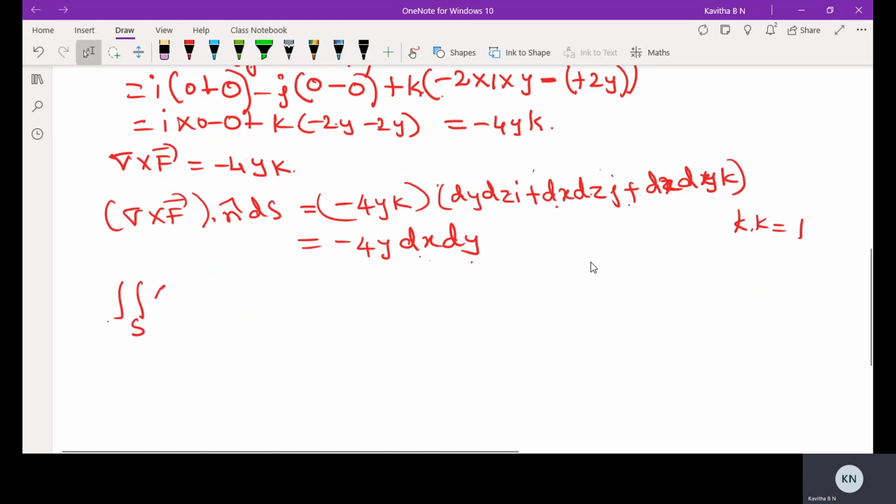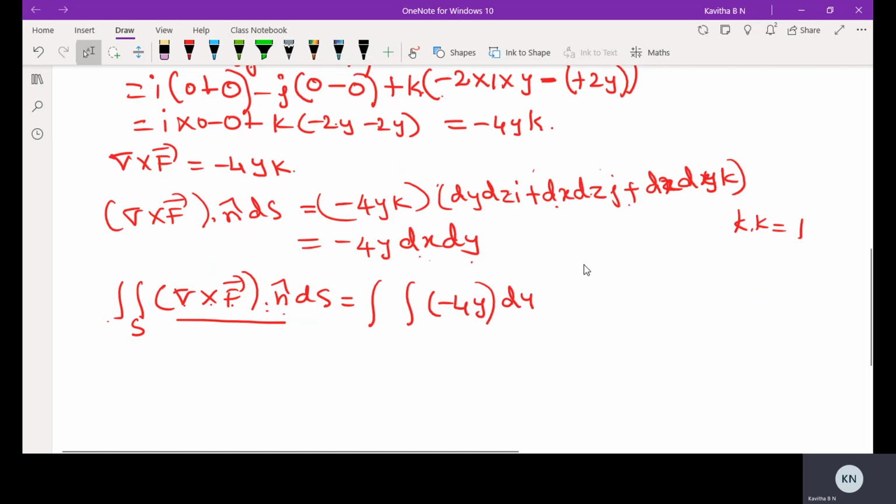Integral over S of nabla cross f vector dot n cap ds is equal to the integral of, in place of nabla cross f vector dot n cap, minus 4y.